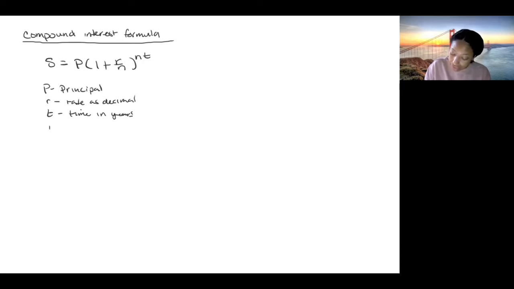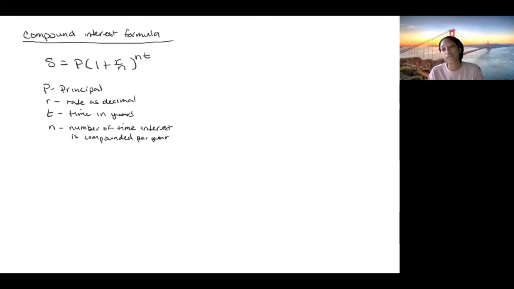And N is the compounding frequency, so the number of times you compound per year. So in our case, when we compounded annually, N would be 1. You compound semi-annually, N would be 2, and so on. You compound weekly, N would be 52.